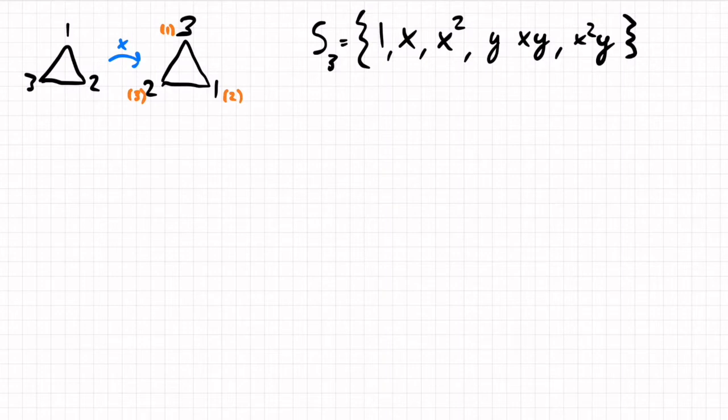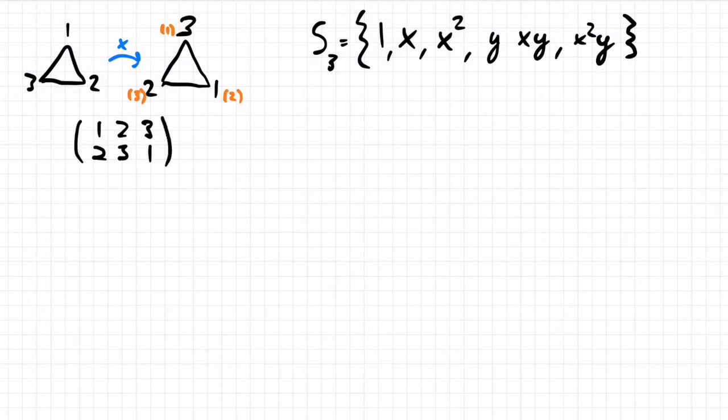So I can write it something like this, where I have 1, and 1 has now taken the place of 2. Vertex 2 has now taken the place of vertex 3, and vertex 3 has now taken the place of vertex 1.